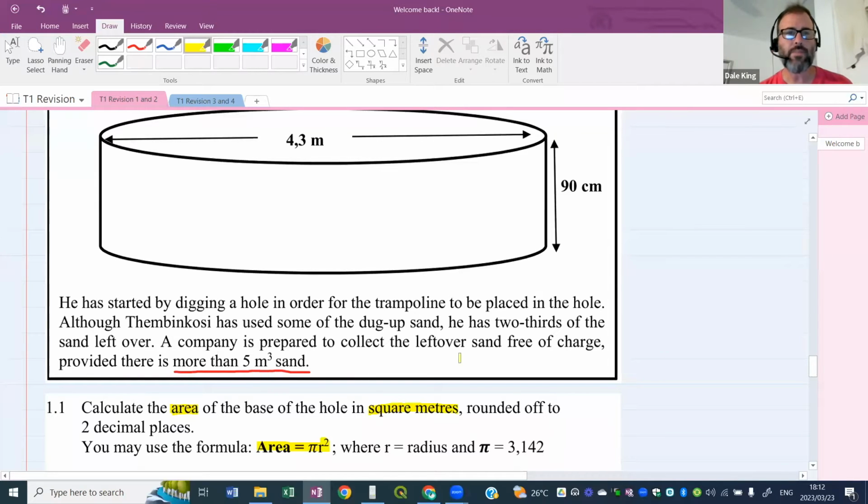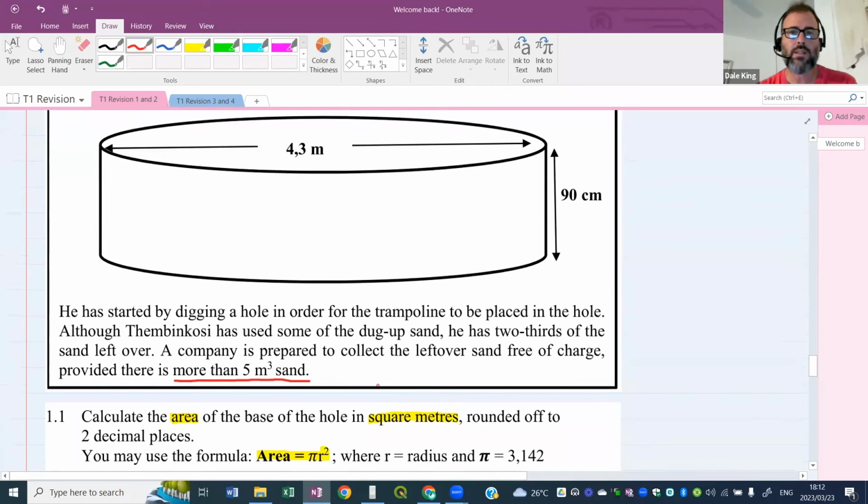All right. So this formula needs the radius. How are we going to get the radius from our diagram? Can anyone tell us? Where is the radius?